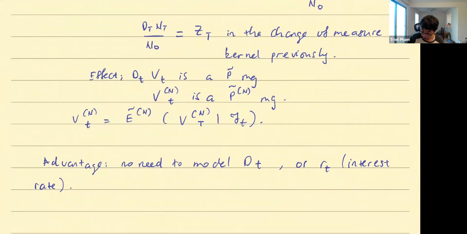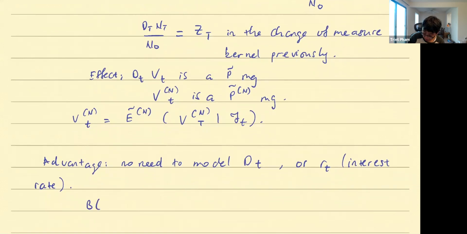For example, you have a bond like this. Big T is the maturity time. So in other words, we're saying that at time big T, the bond value is 1.